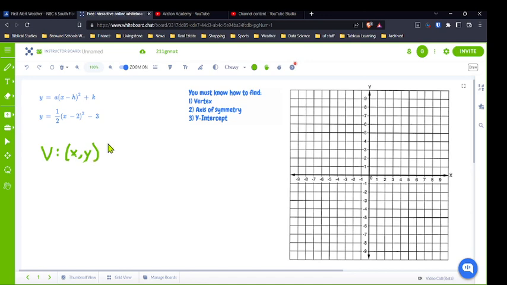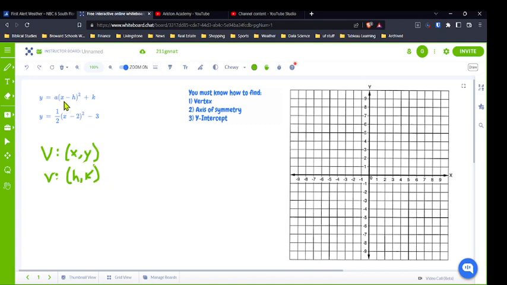Well, the beauty of vertex form is that the vertex is found at h comma k. All right. Now I've written down xy and now I've written down hk. So you guys are probably already a little bit confused.